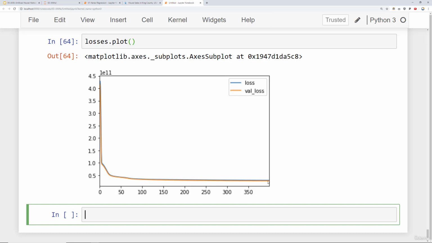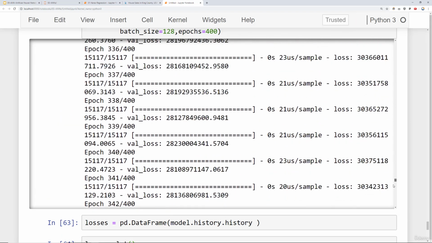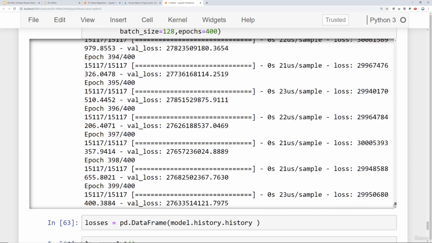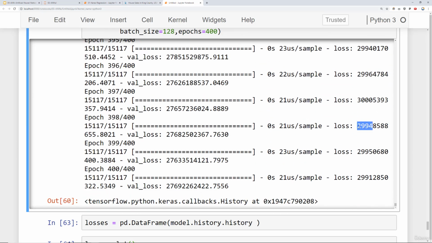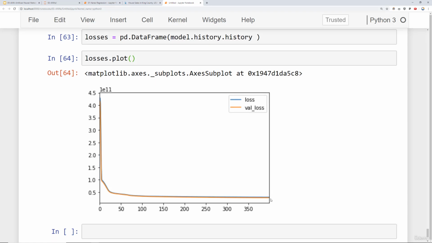Technically, that means we could have continued training. You'll notice that towards the tail end, we're not improving that much. After 400 epochs, we're hovering around this particular loss value, and the decrease is happening much slower. But because the validation loss is also going down, that's an indicator that we could continue training without overfitting to our training data.